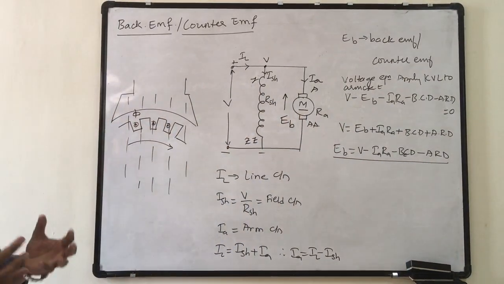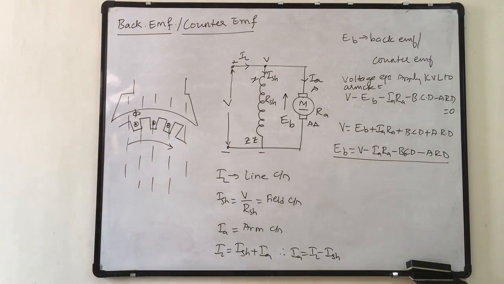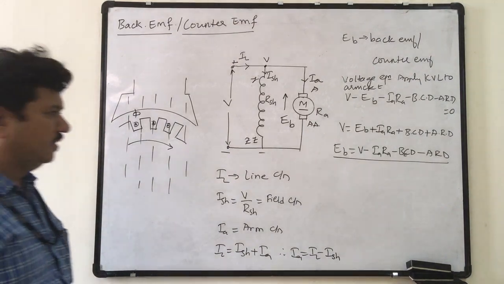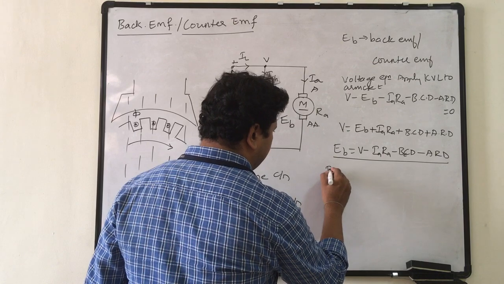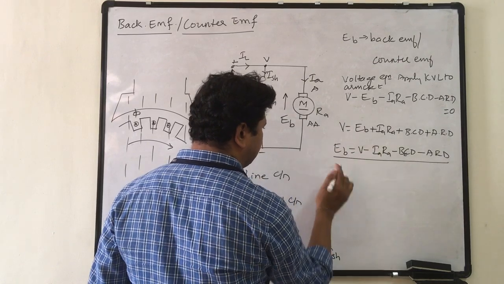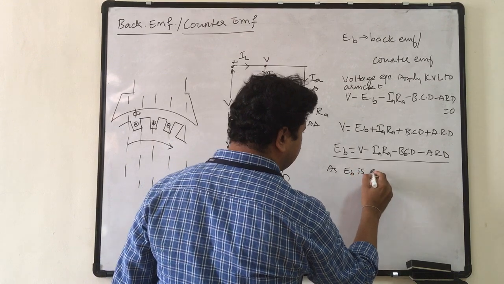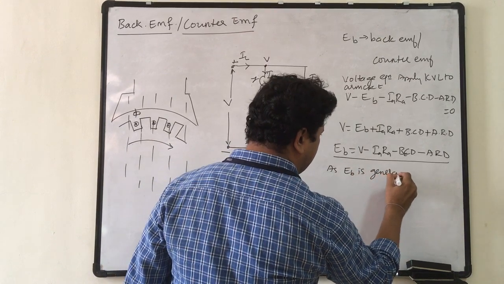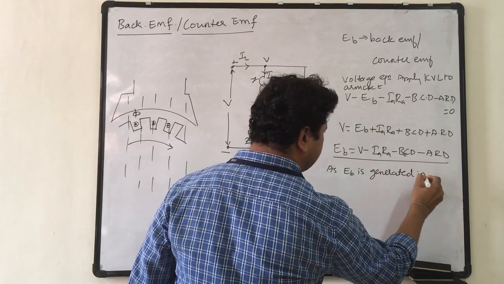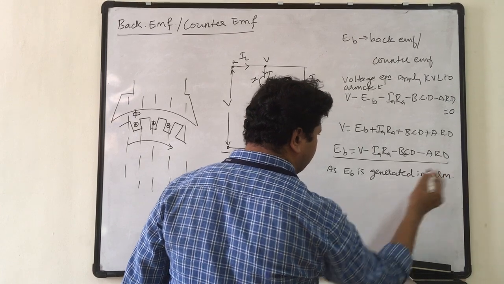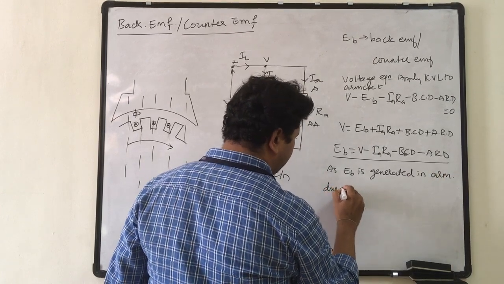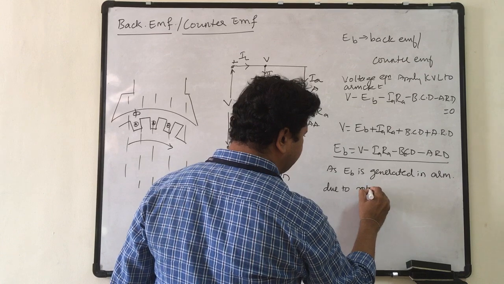Now what is the amount of EMF generated in the armature, that is back EMF? EB is generated in armature due to rotation of armature.